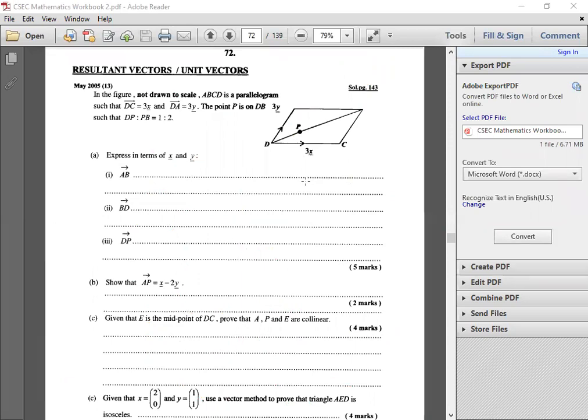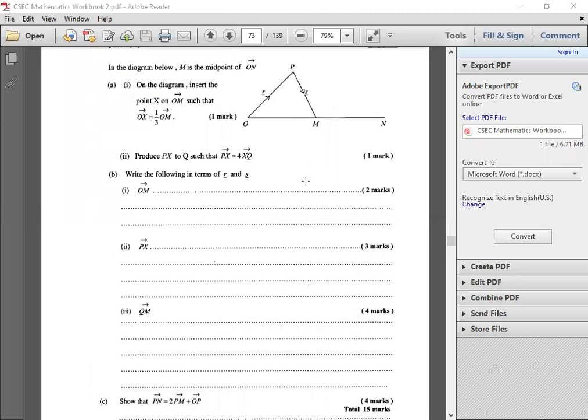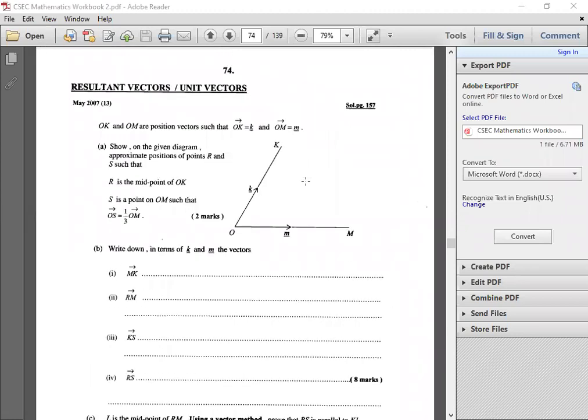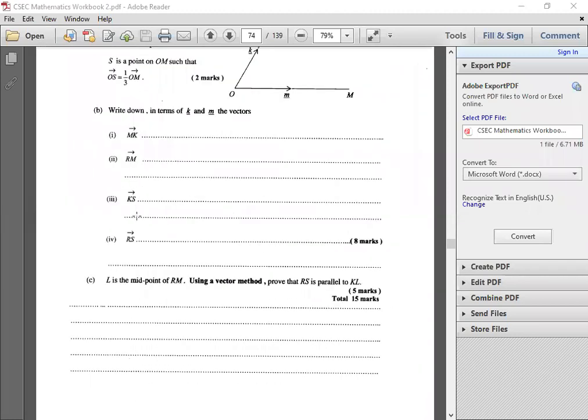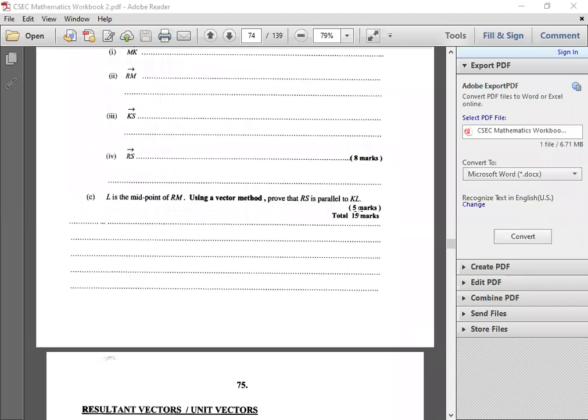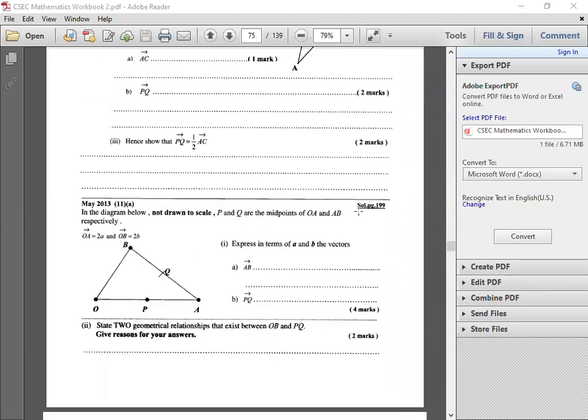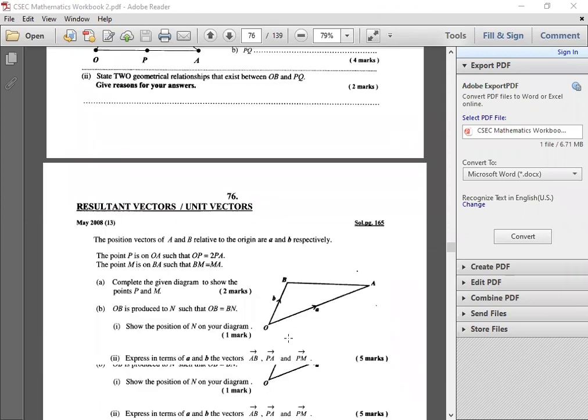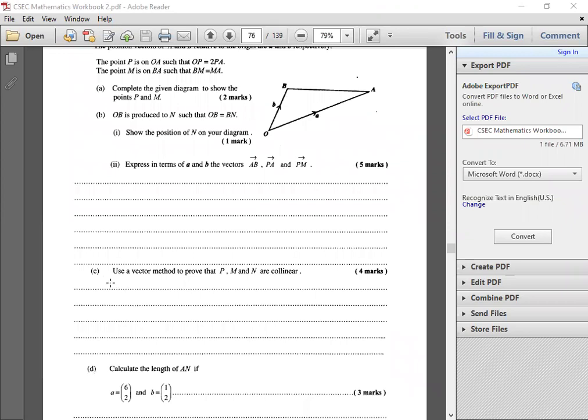So there are a whole lot of questions on it. See one here about parallel. There, 3 points, midpoint. Then you have, look here, two geometrical relationships that exist. See another one here about collinearity.